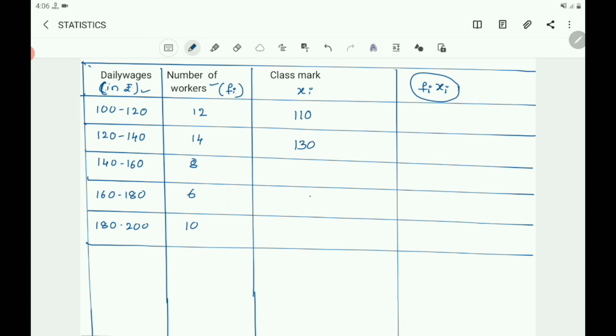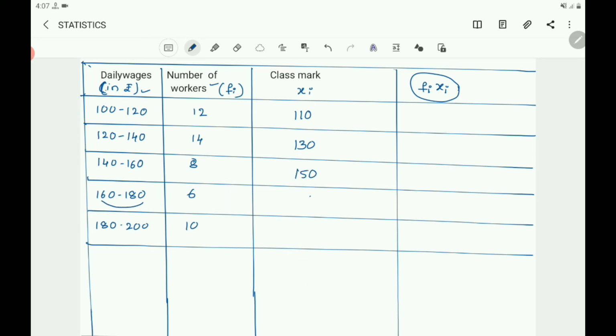Next, 160 plus 140 divided by 2. 160 plus 140 is 300, by 2 is 150. You write 150.